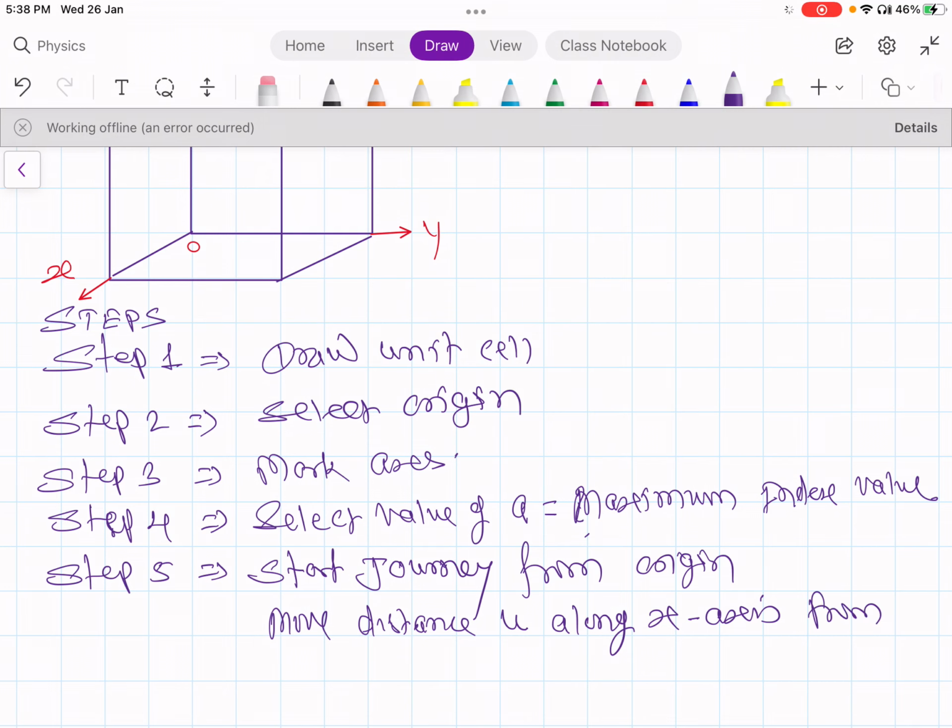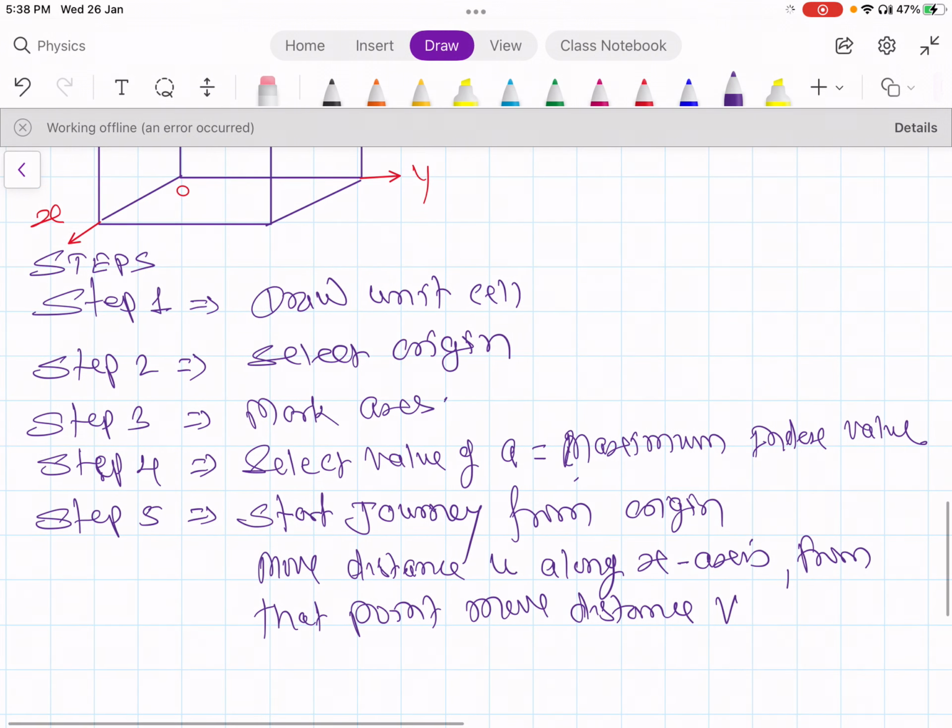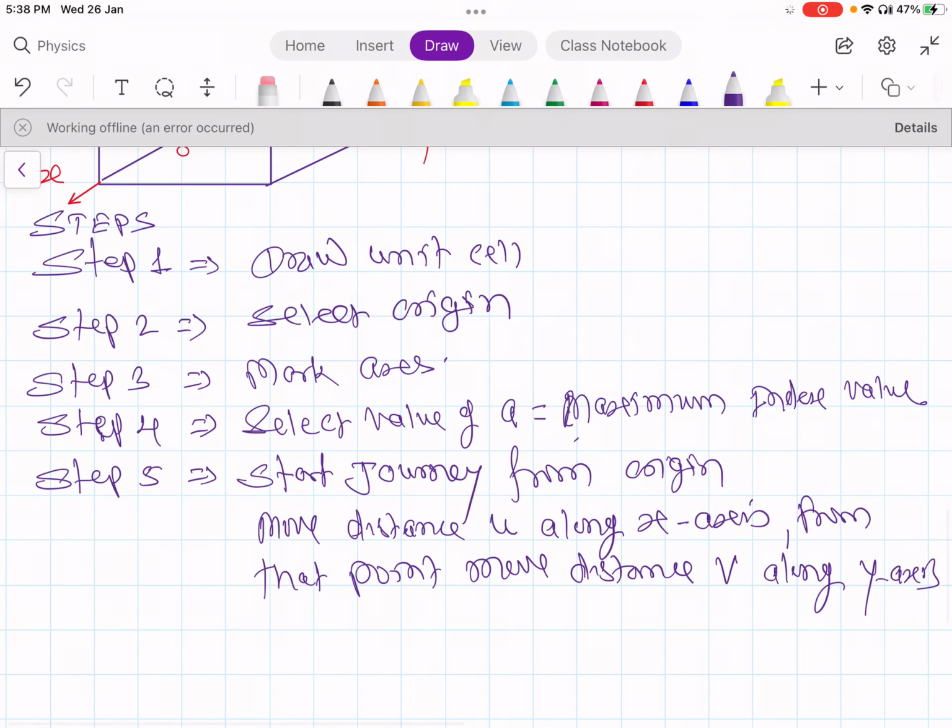From that point, move distance v. V is your y index of the direction, so you move distance v along the y-axis, and then from that point, move distance w. W is your z index, along the z-axis.